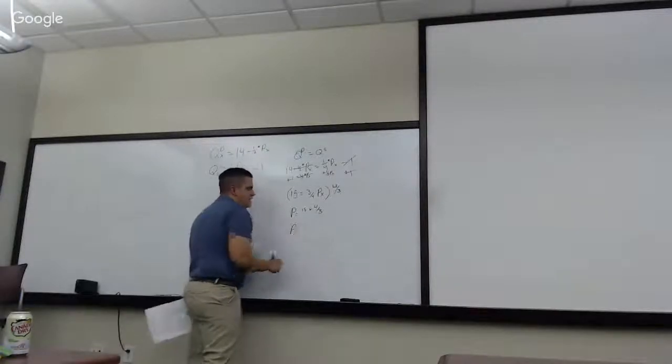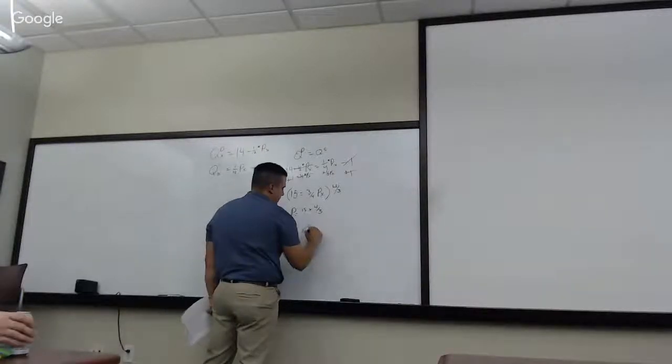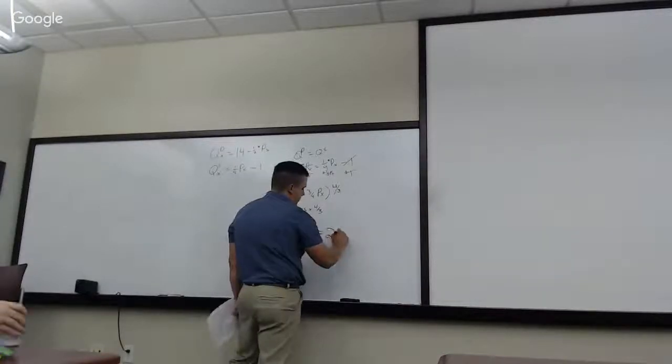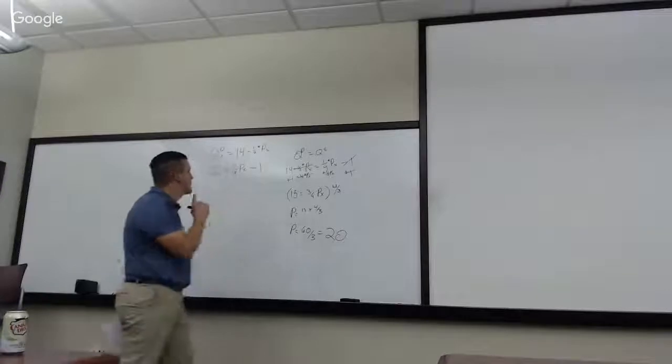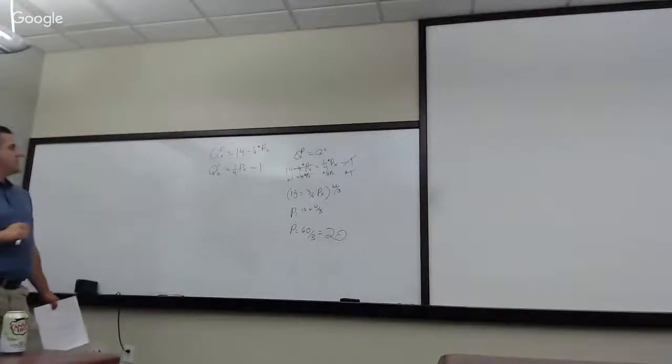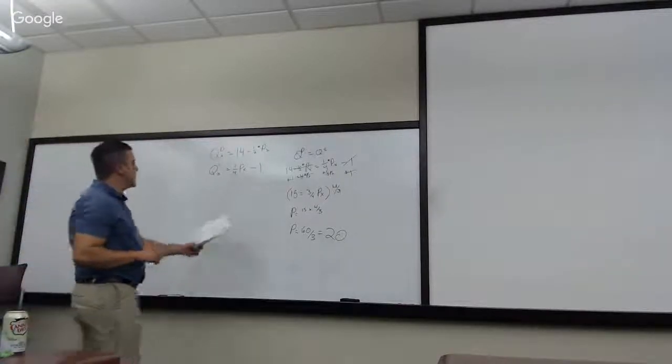Our price is going to be equal to 60 divided by 3, which is 20. And so if our price is equal to 20, we can plug that into either equation.